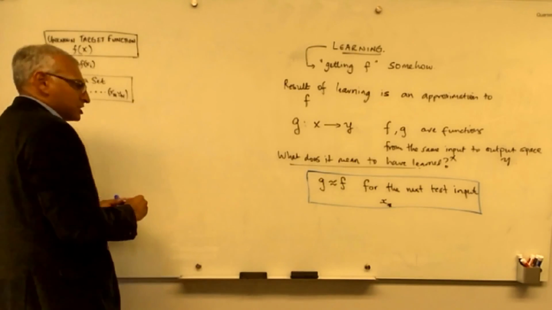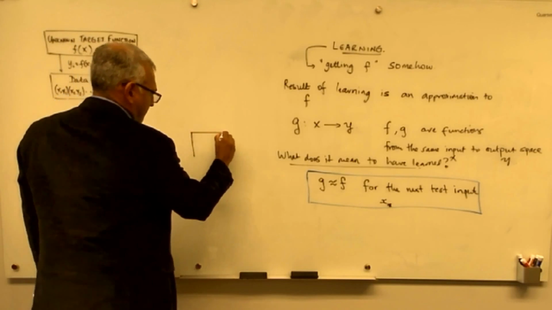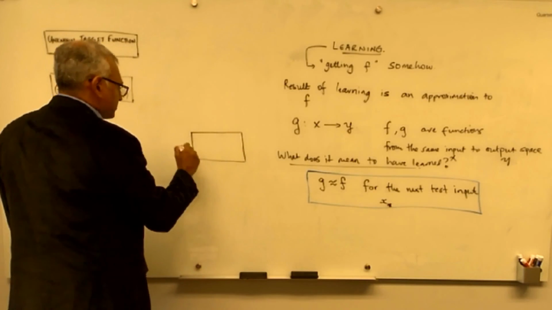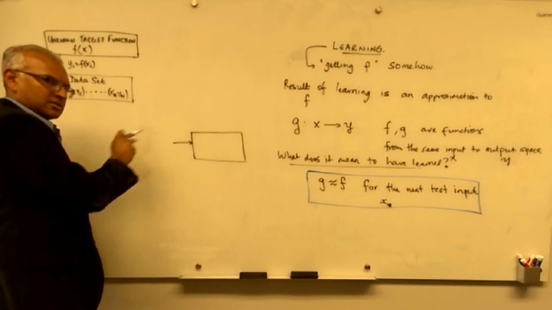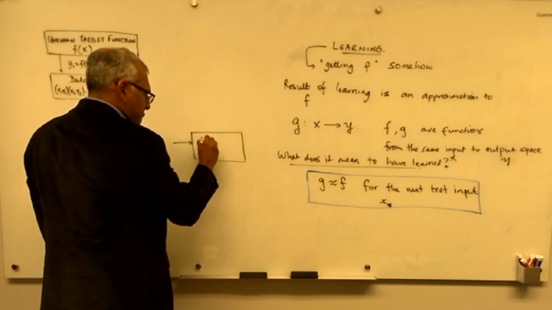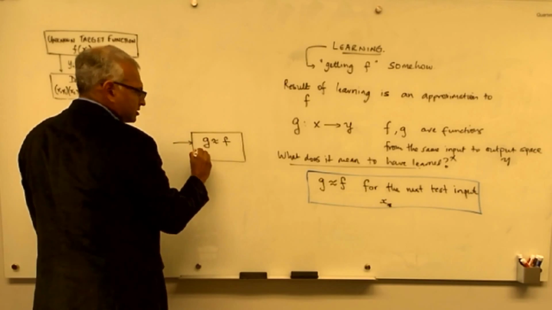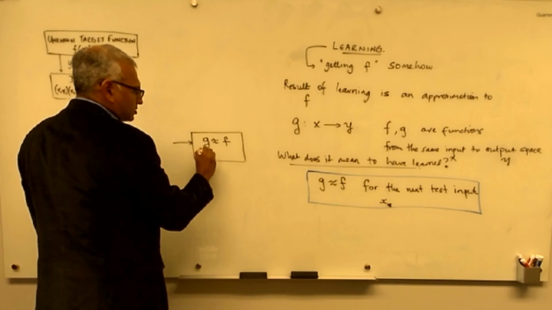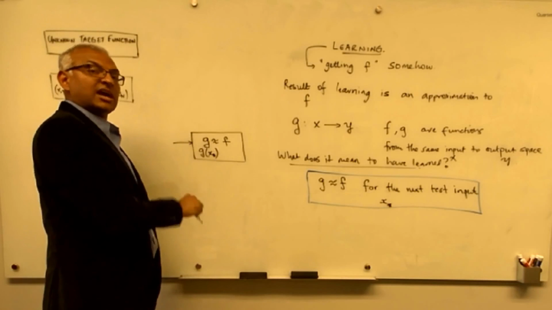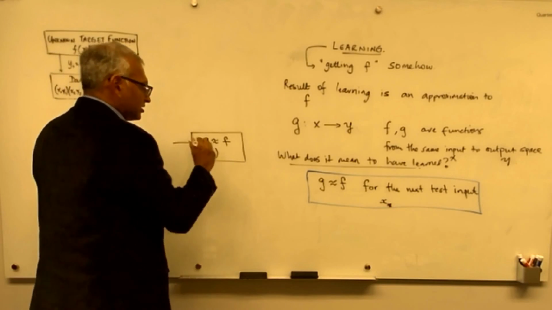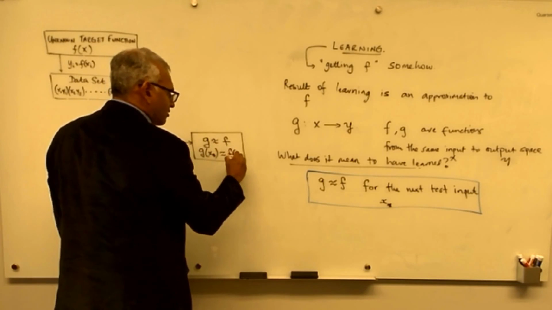Okay. So let's put it in a box. The output of learning, so put an arrow here saying that this is the output, is g, which is approximately equal to f. In other words, g on some unknown test point, unknown as of the time at which you have performed the learning, is approximately equal to f of x star.